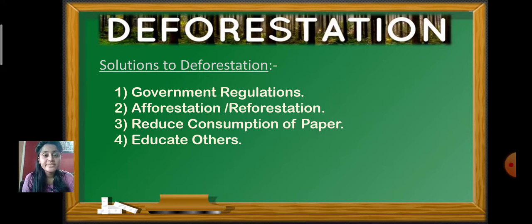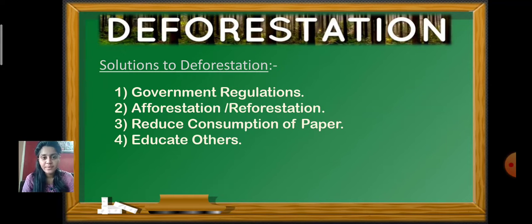Now see the second one, afforestation or reforestation. Afforestation means planting more and more trees. Third one, reduce consumption of paper. We should use less paper, only what is needed.